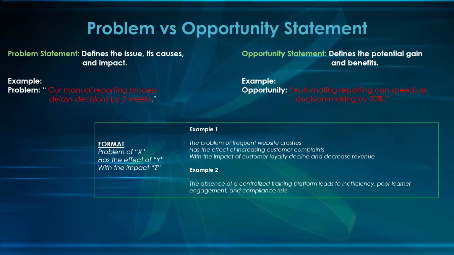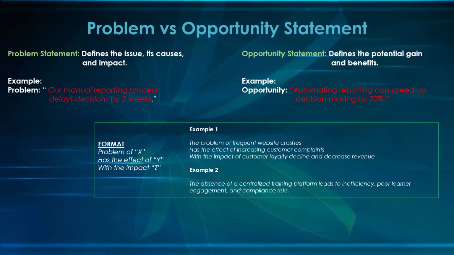What's the breakdown of a user story? As a user, I want to whatever I want to. So you're looking at who, what, and the impact or the benefit of what you want to do. So you are defining it.